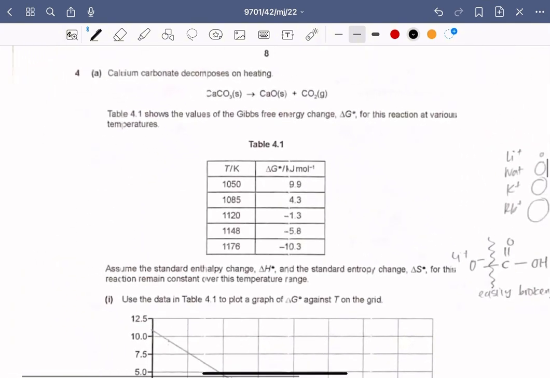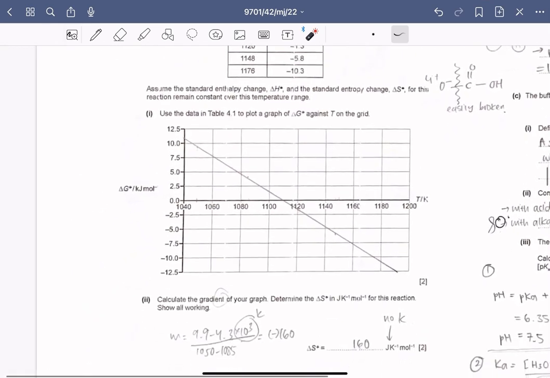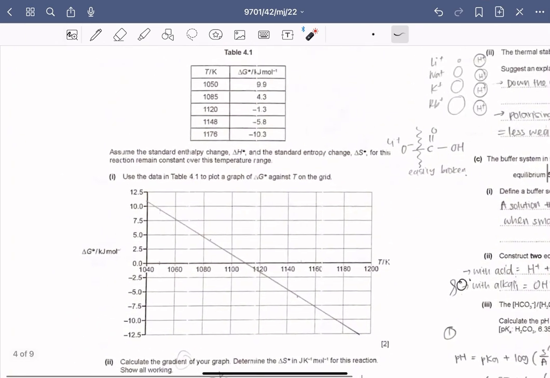Okay, next question. 4a. Calcium carbonate decomposes on heating. CaCO3 solid becomes CaO plus CO2 gas. Table 4.1 shows the values of Gibbs free energy change, that's the symbol, for this reaction at various temperatures. Assume the standard enthalpy change and the standard entropy change for this reaction remain constant over the temperature range.